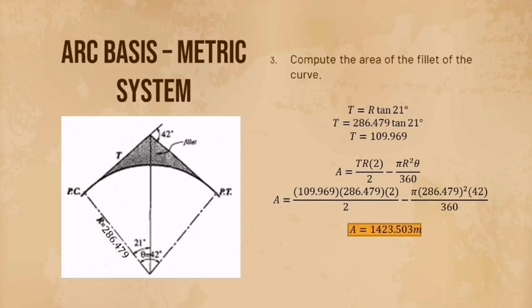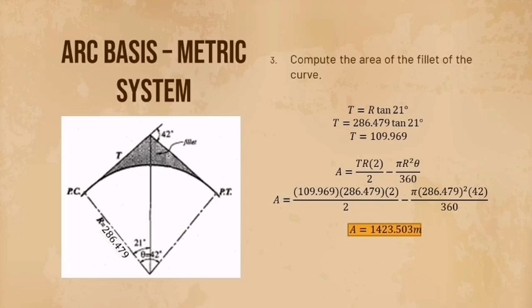For number 3, compute the area of the fillet of the curve. We will look for the area. First, we get the tangent. The formula is T equals radius tan 21 degrees. Our radius again is 286.479 tan 21 degrees, and the answer is 109.969.